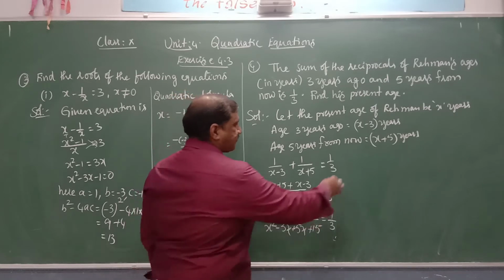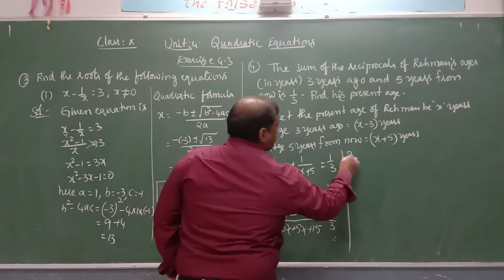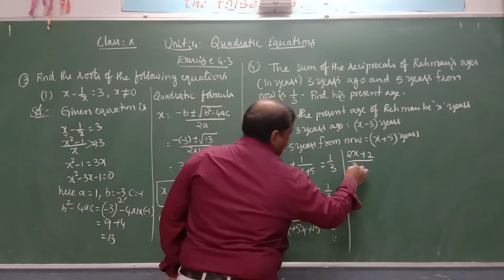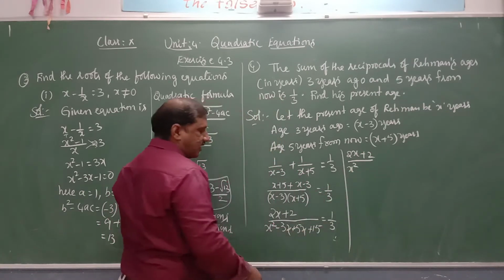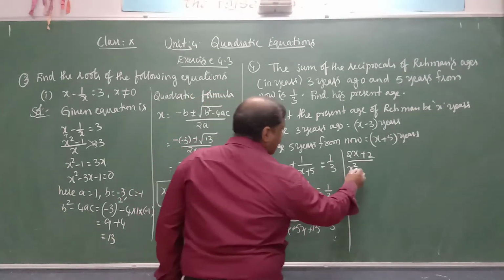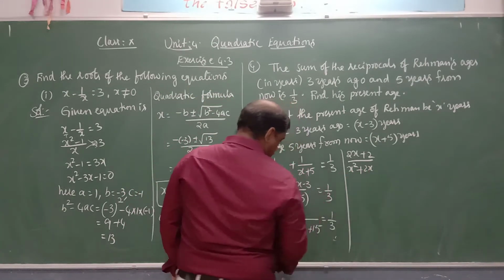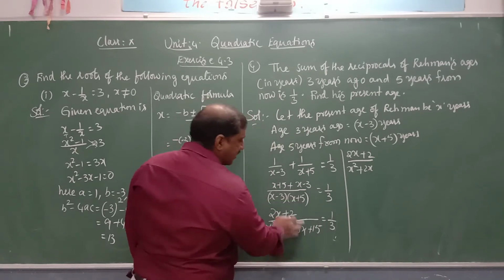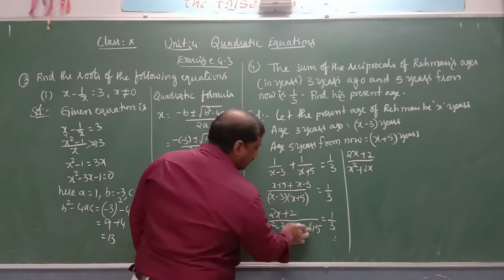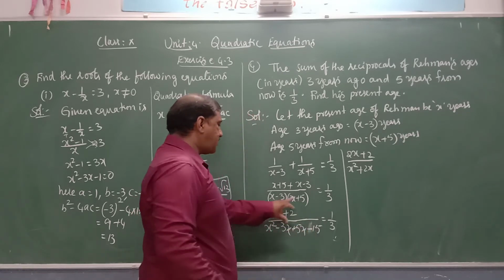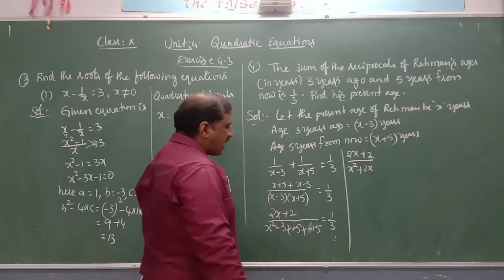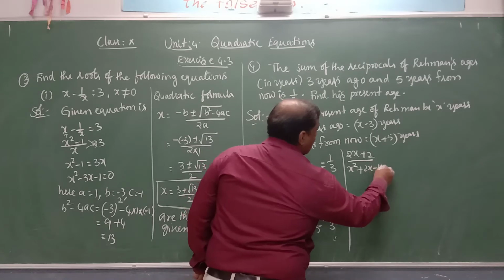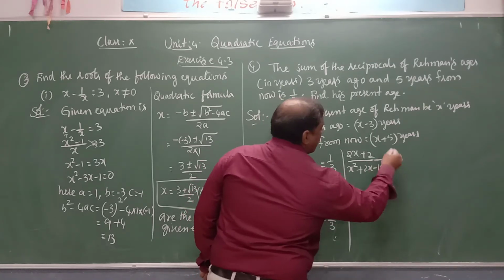We have 2x plus 2 divided by x square, minus 3x plus 5x, that is 2x, and minus 3 into plus 5, minus into plus is minus, 3 into 5 is 15, so minus 15. So it is x square plus 2x minus 15, equals 1 by 3.